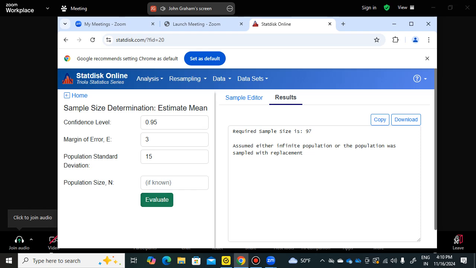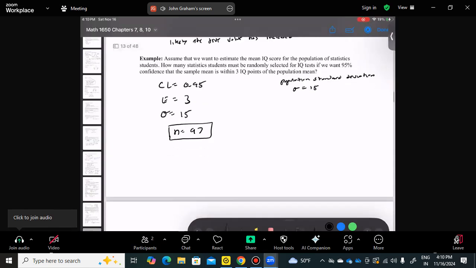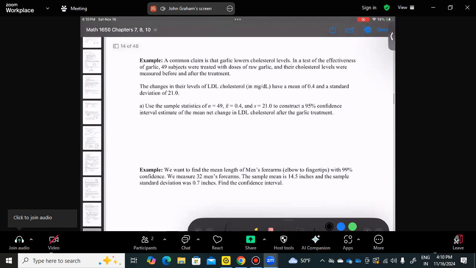Alright, do a couple more problems. A common claim is that garlic lowers cholesterol levels. In a test of the effectiveness of garlic, 49 subjects were treated with doses of raw garlic, and their cholesterol levels were measured before and after the treatment.